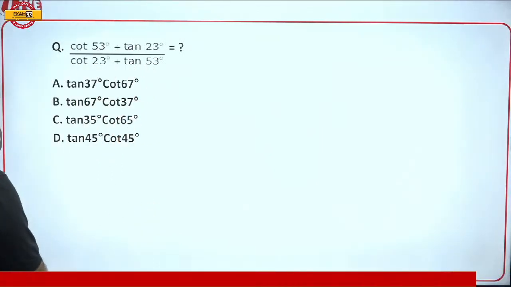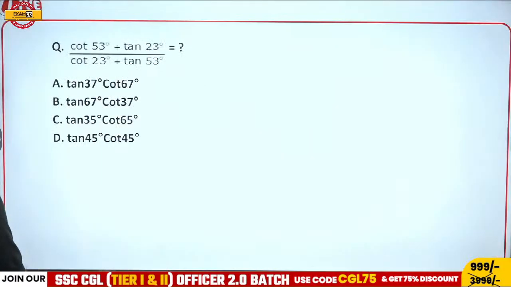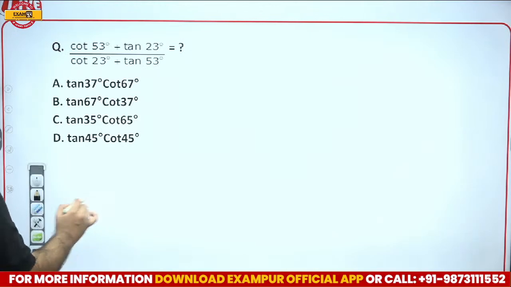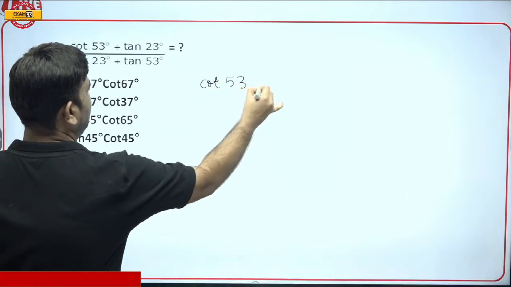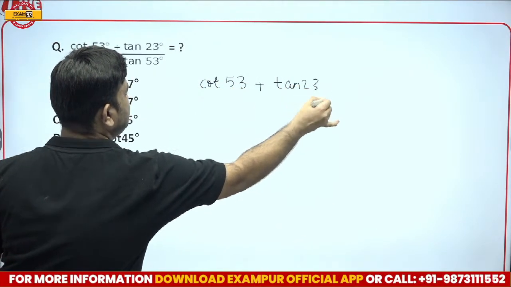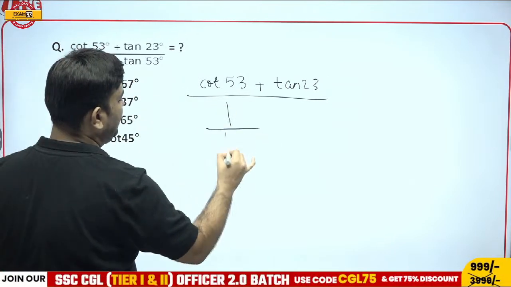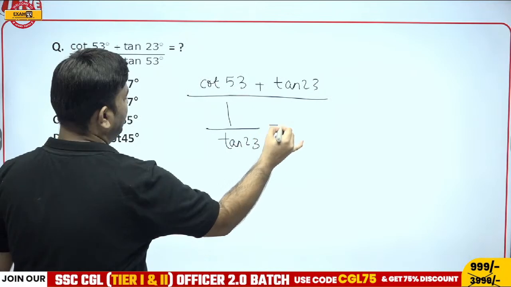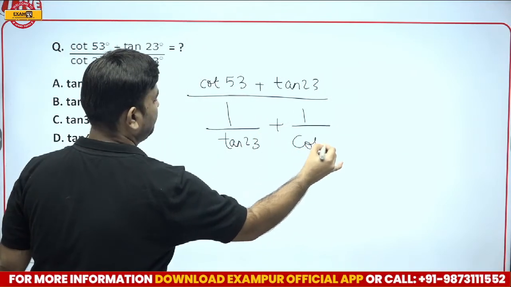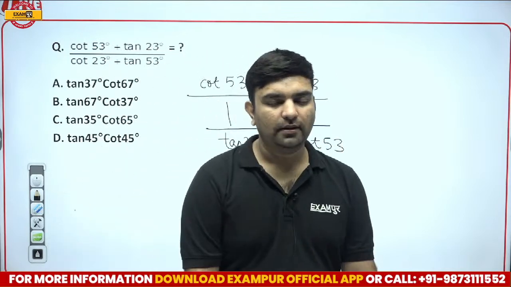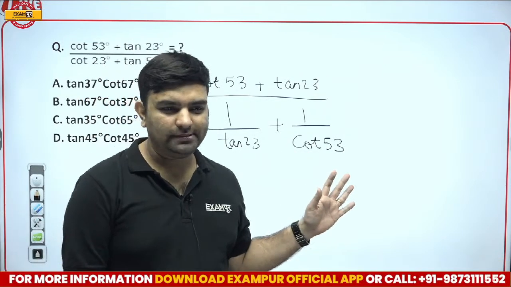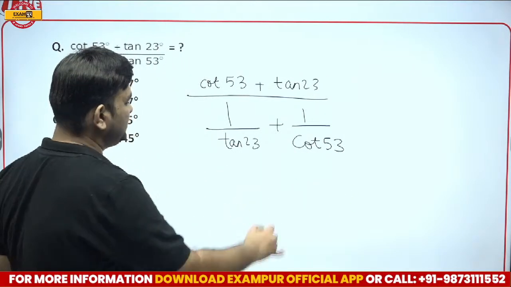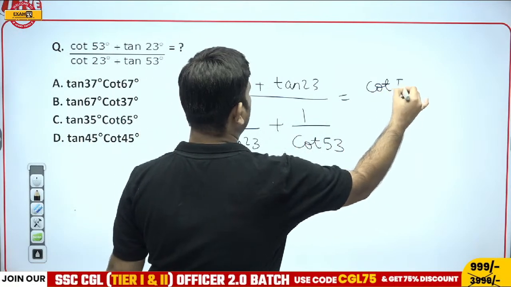Only in the denominators what I have done is, I write down the denominator as 1 upon tan, and tan is 1 upon cot. Just by doing this, good evening Shrivani, this question got cracked.